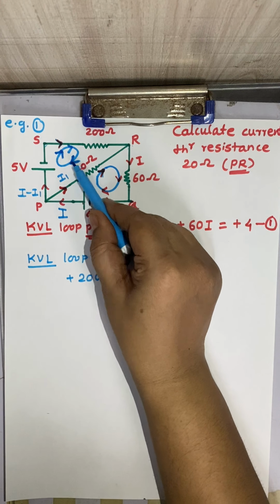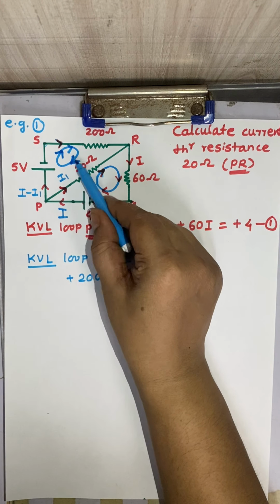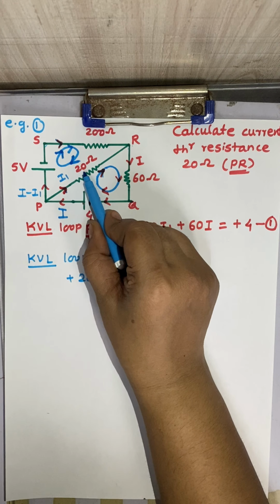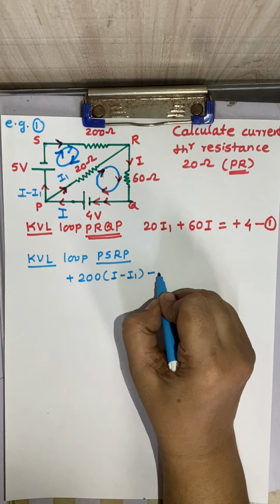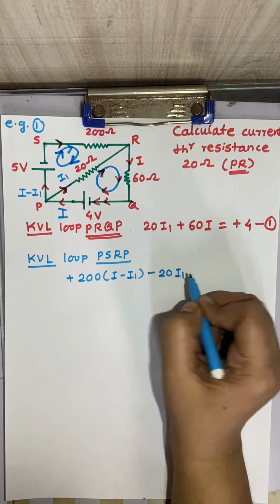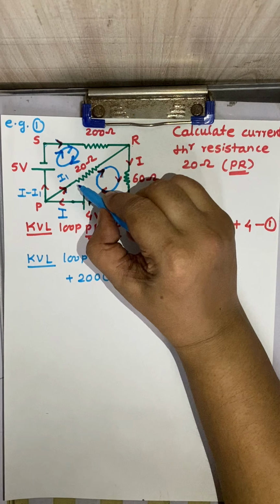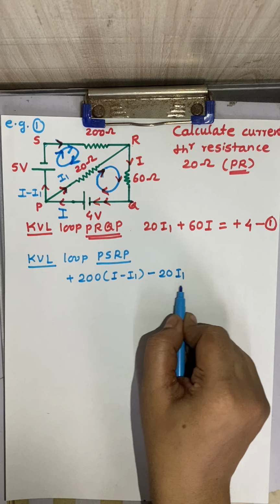So as this and this are in the opposite direction, we consider the product of I1 and 20 as a negative. So minus 20 I1. Clear? Okay, now this is all about the product of IR.